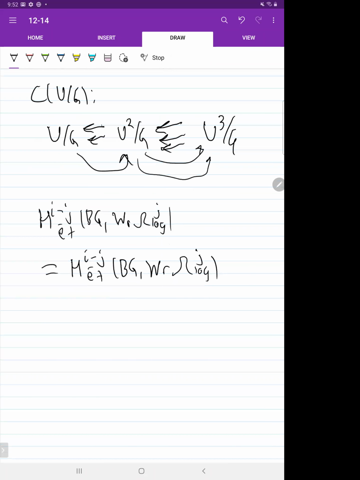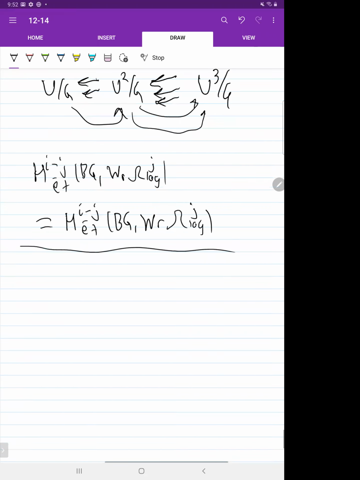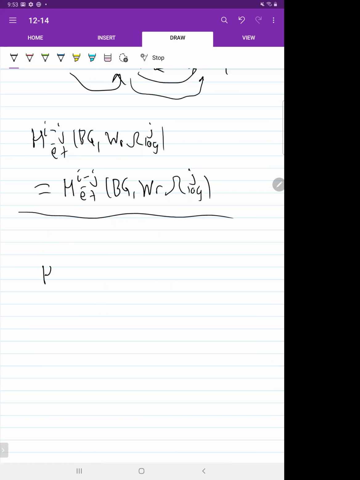Okay, so how do we relate this then to the homotopy invariant motivic cohomology of the classifying space? You can consider the sheaf cohomology in the Zariski topology of the Čech nerve.